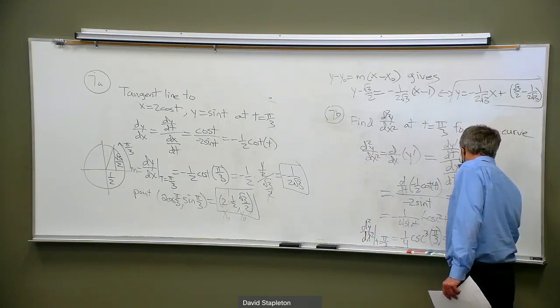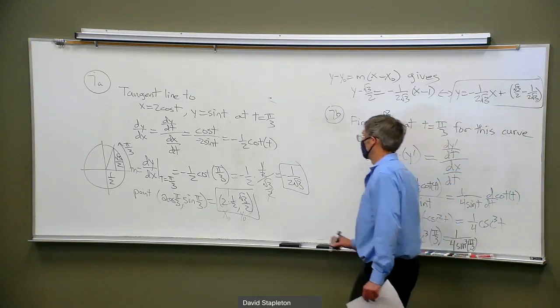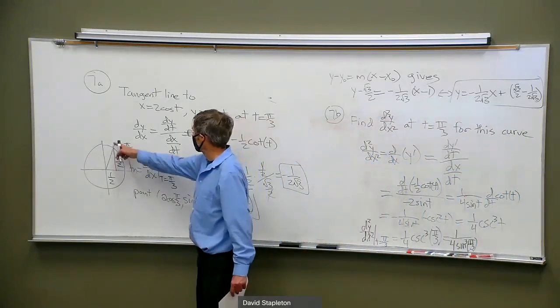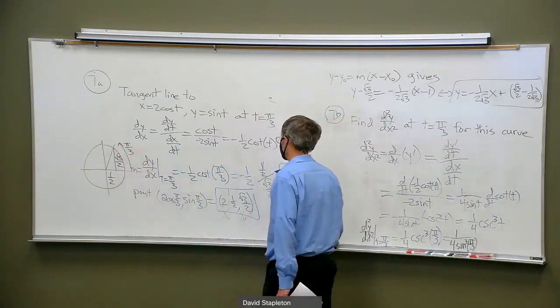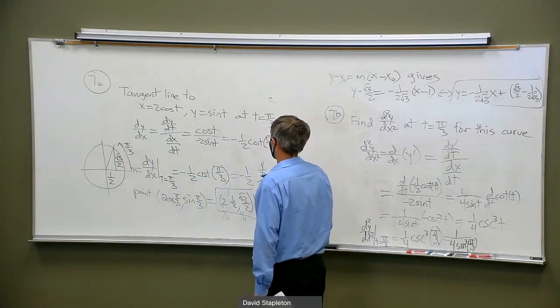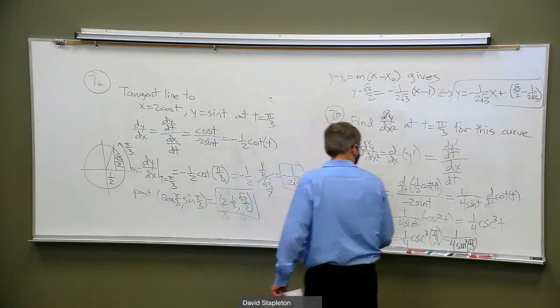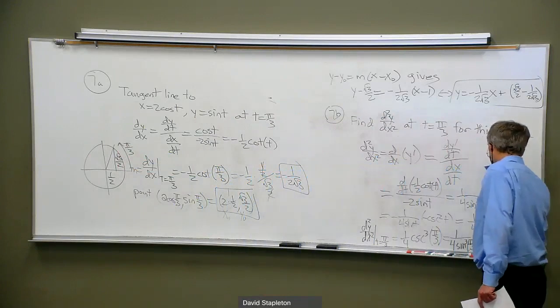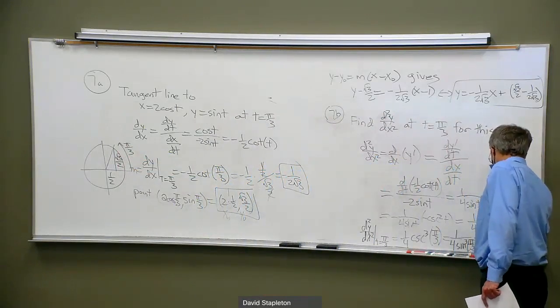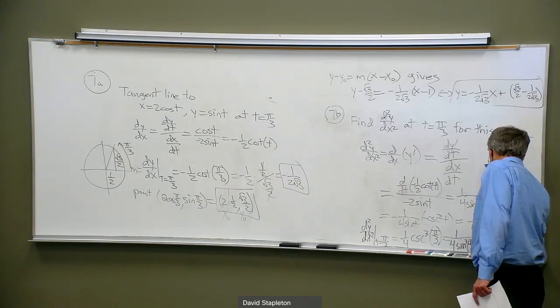We already know sine of pi over 3, right? So over here, the sine, the y coordinate, is square root 3 over 2. This is 1 over 4 times square root 3 over 2 cubed.